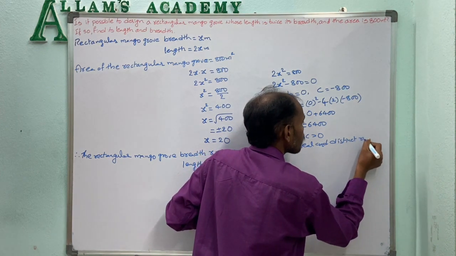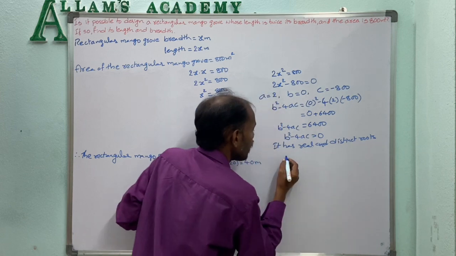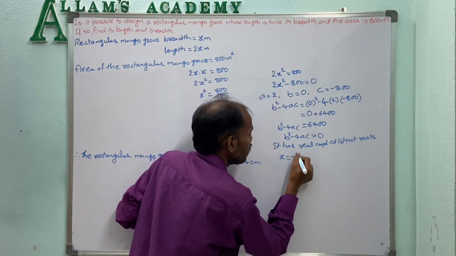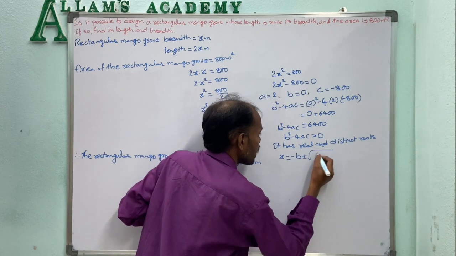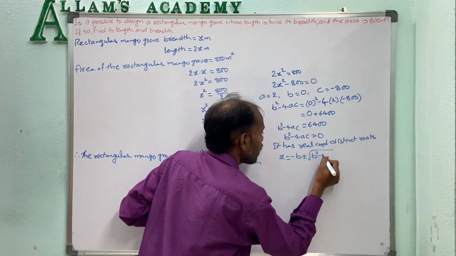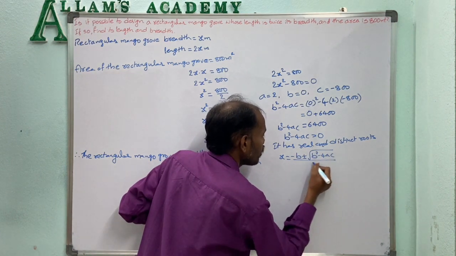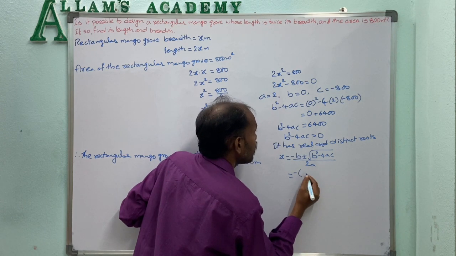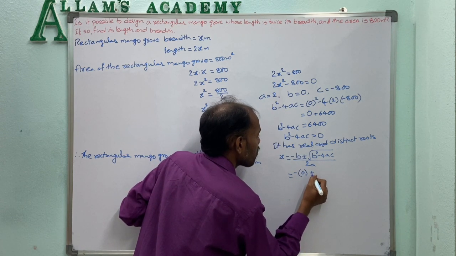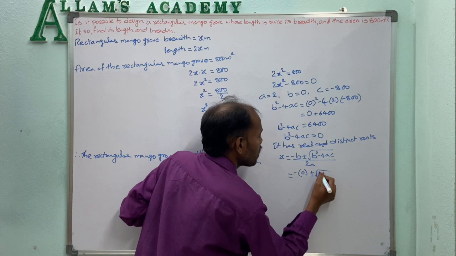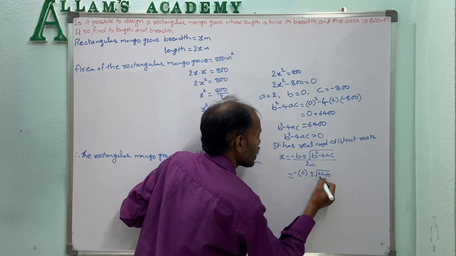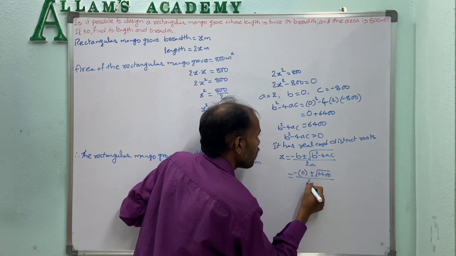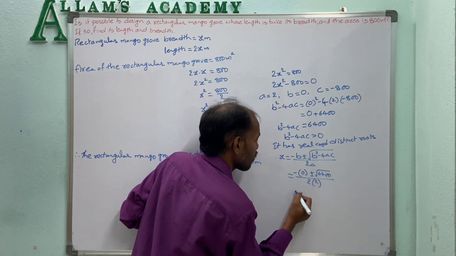Now finding through the formula, x equal to minus b plus or minus under root b square minus 4ac by 2a. That equals minus 0 plus or minus under root 6400 by 2 into a equal to 2.